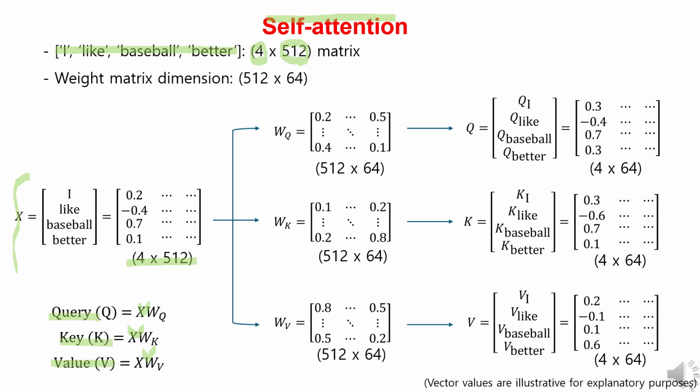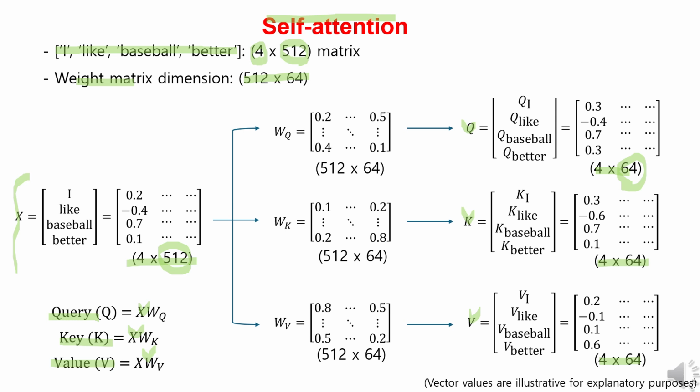Each weight matrix has a dimension of 512 by 64, which transforms Q, K, and V into matrices of size 4 by 64. In other words, each word is projected from the original 512-dimensional space into a 64-dimensional space, specifically used for the attention calculation.